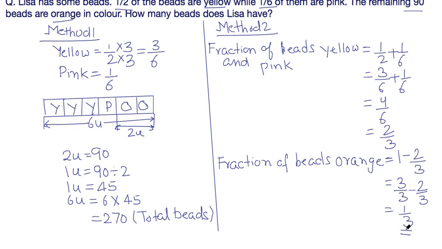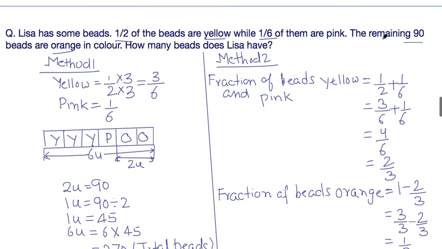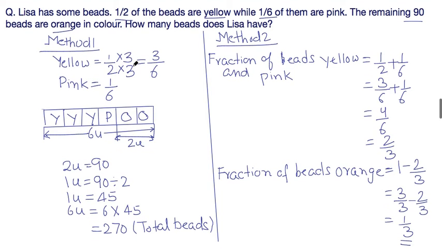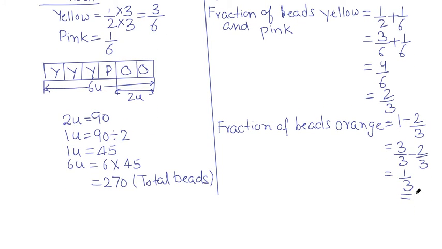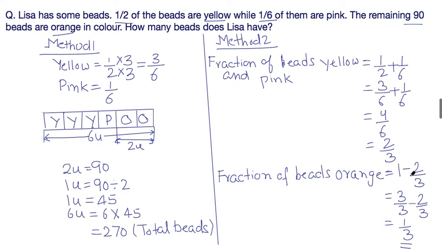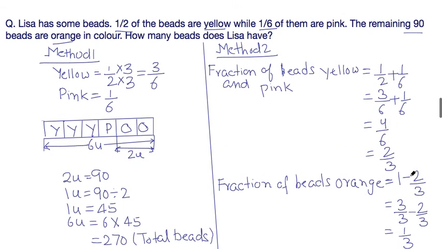So what do we get from here? What we have from the question is that the remaining 90 beads are orange in color. That means 1/3 of the beads are orange. So we can say out of 3 parts, 1 part is orange. If we divide the whole number of beads into 3 parts or 3 units, one unit is orange.